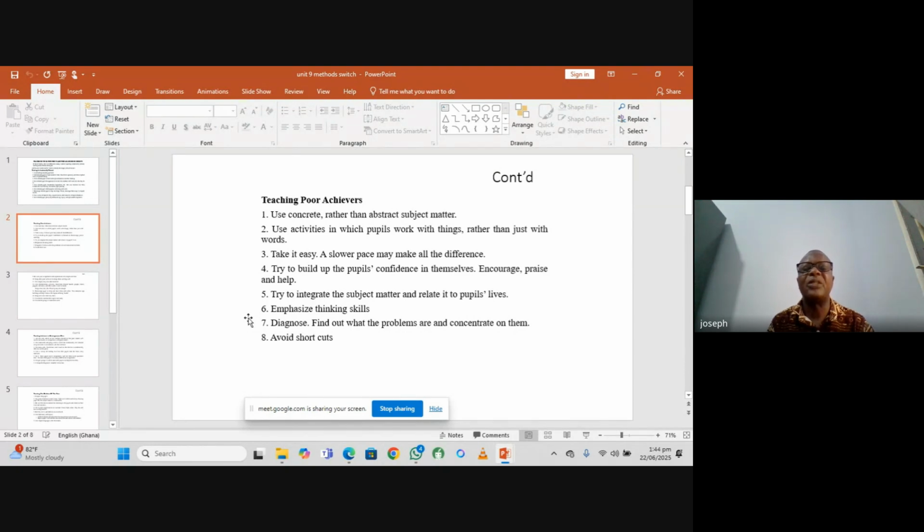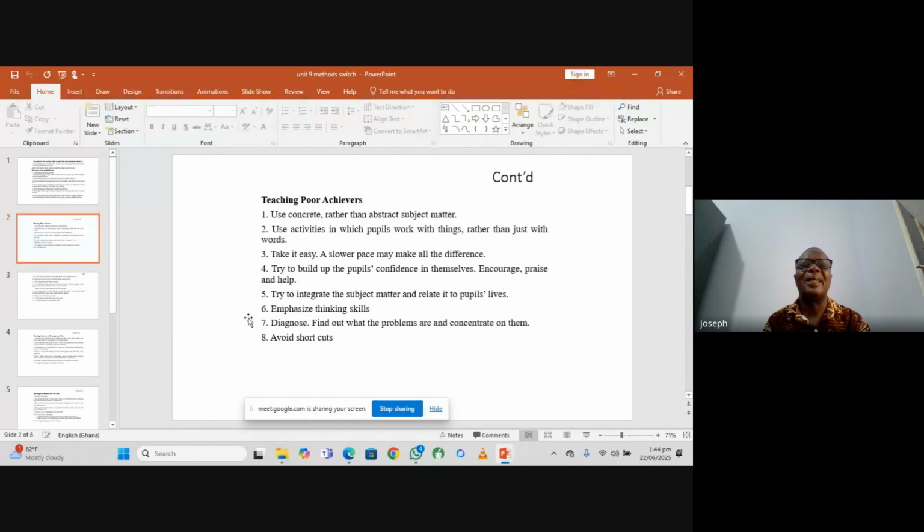Then avoid shortcuts. Follow all the processes to the end so that they'll be able to understand. Don't think they also know. Particularly the math teachers, take them through all the processes to the end so that they will understand whatever you are teaching them.